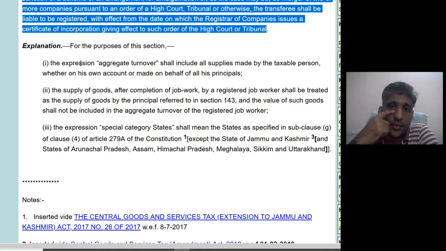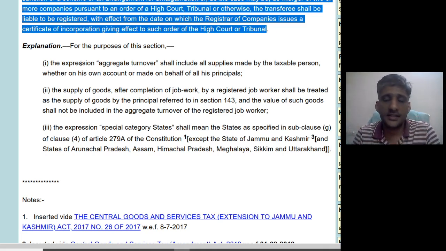So if I am a job worker rolling agarbattis, the value of the agarbatti will not be included in my turnover. My turnover is only the service labor cost. If I am given 1 rupee per packet of agarbatti rolled, and the total value of the agarbatti is 60 rupees, then my turnover is only 1 rupee because I am only a roller. The 60 rupees will not be added to my turnover.